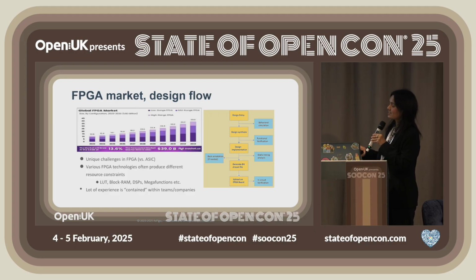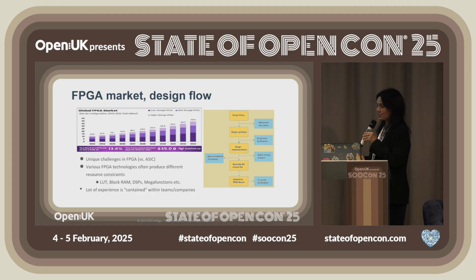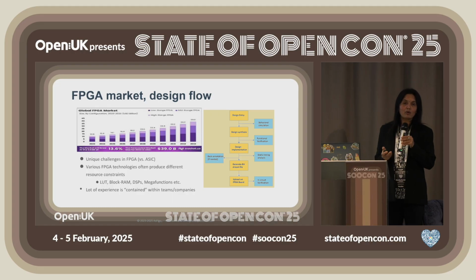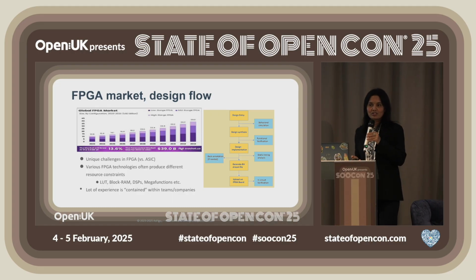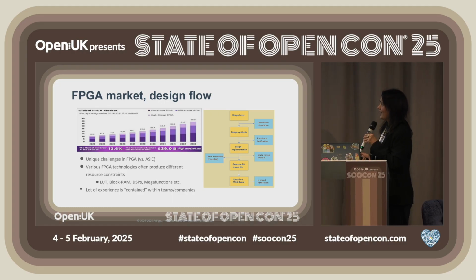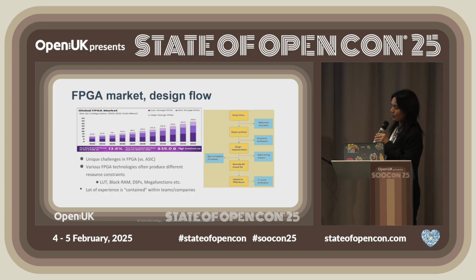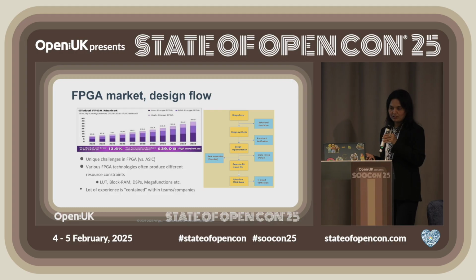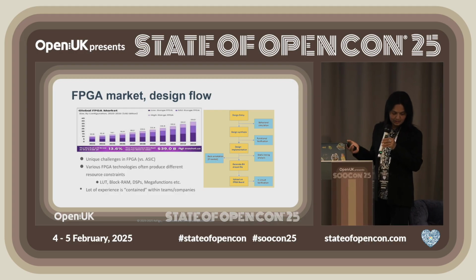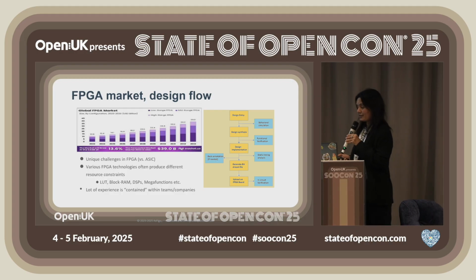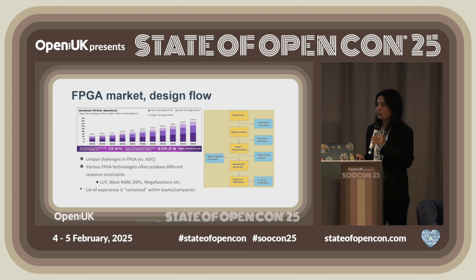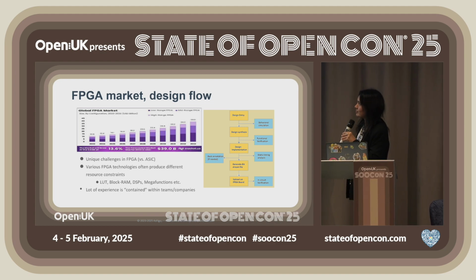There are three segments: low range, mid range, and high range FPGAs, based on the application and the kind of power and performance you are expecting. In monetary terms, the FPGA market segment is around 39 billion, and it is looking good with a CAGR of 13.6.